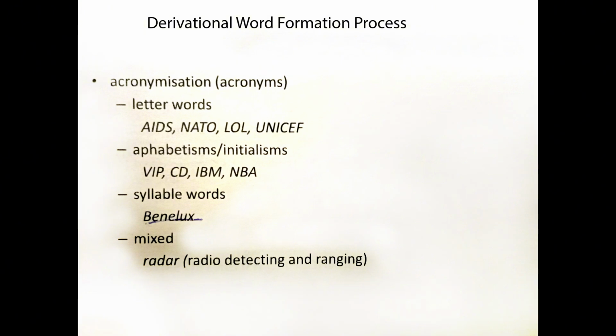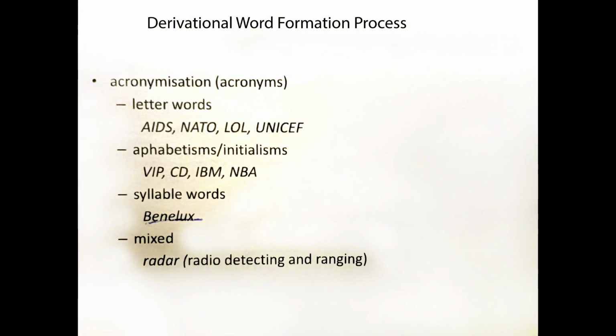So let's take the example AIDS. AIDS represents acquired immunodeficiency syndrome. We can see that those capitalized letter units don't represent the first letter of the names of this disease.